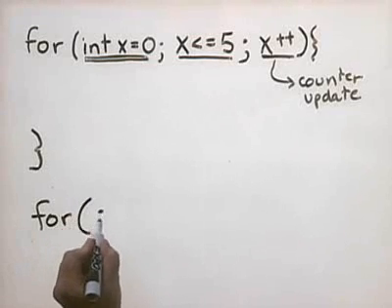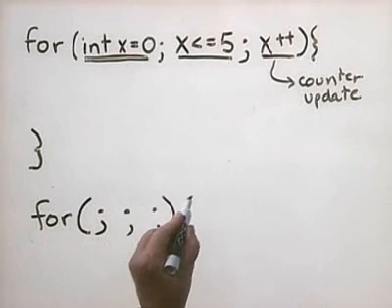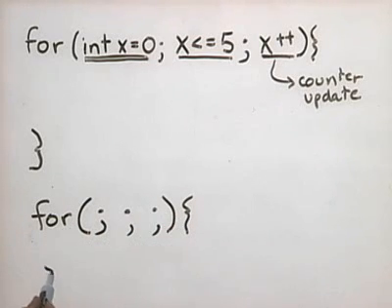A quick way of creating an infinite loop using a for statement is just to leave out those three components. That's common syntax for an infinite loop. We took a look at three statements: the do, the while, and the for statement.